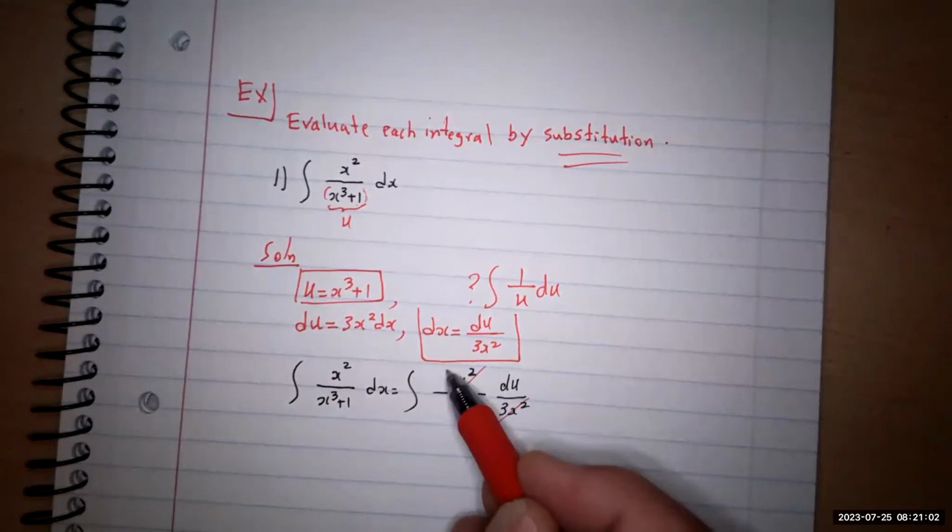Remember, absolute value all the time, plus c. But you are not done. Of course, you have to substitute for u. So this is equal to 1/3 ln of the absolute value of x cubed plus 1 plus the constant c. That would be the final answer.